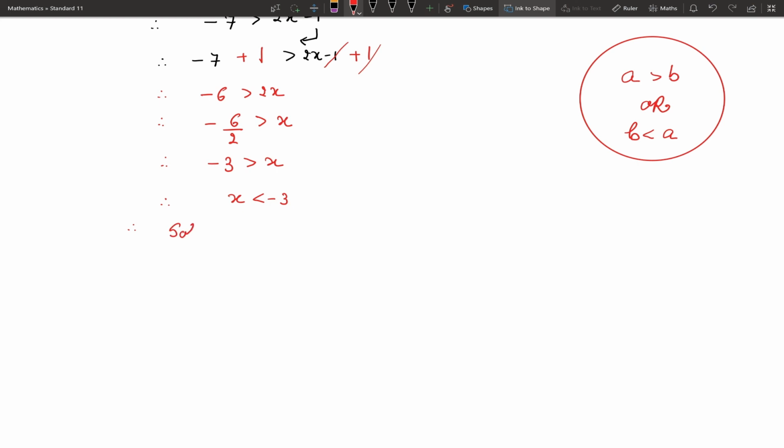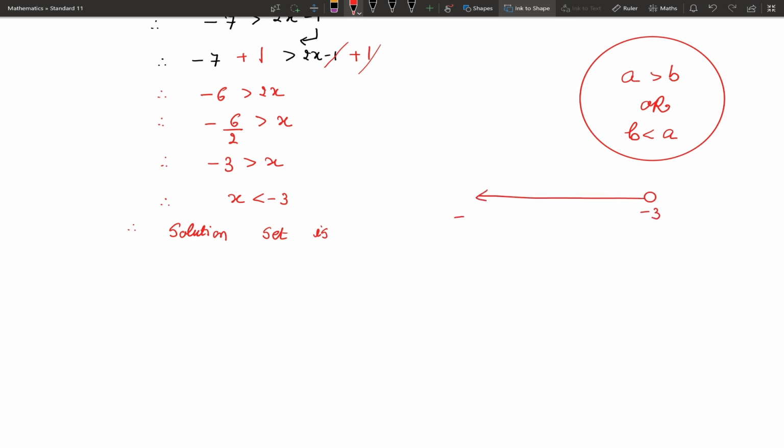So the solution set is, since the inequality is a strict inequality, the answer will be in terms of an open interval, real numbers which are less than minus 3.